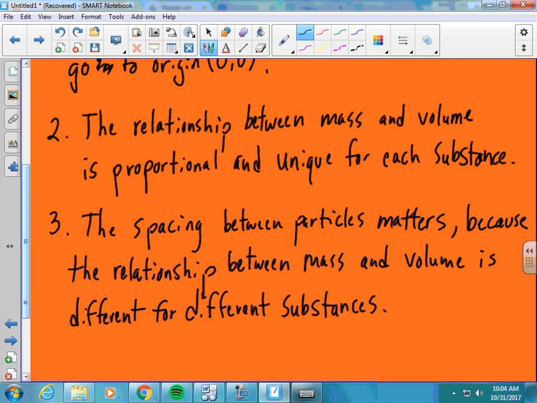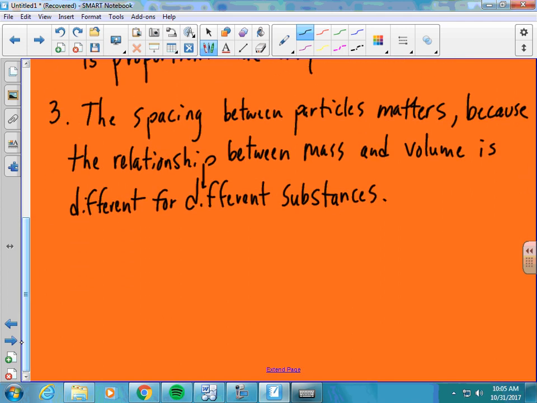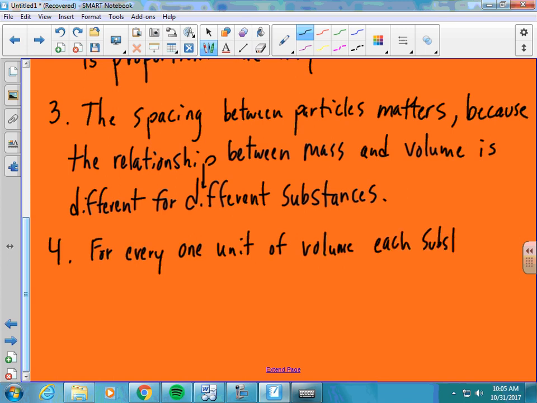All right, so the fourth and final takeaway, the key idea, the key takeaway of all key takeaways, number 4. For every 1 unit of volume, each substance will have a specific mass.